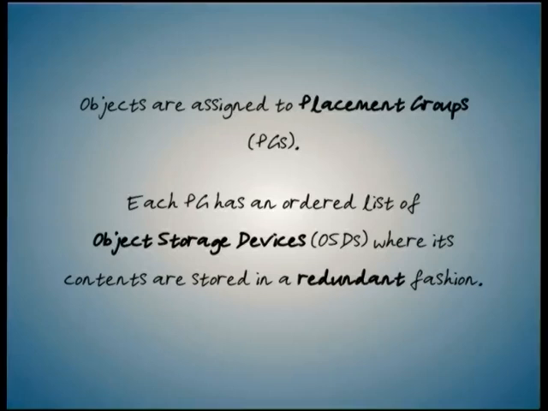Now, why is this list of OSDs that each PG writes to and reads from ordered? RADOS uses a primary copy mode of replication. So as we're writing an object, as would any other object in the same placement group, it is first written to the primary OSD, which is the first entry in this list.